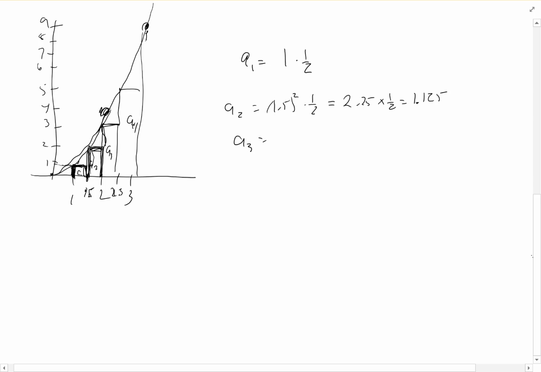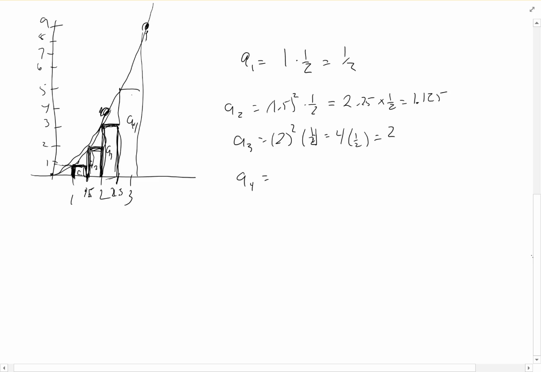Area 3 is our rectangle here. The height when x is equal to 2 would be 2 squared, and the width is 1/2. We're still a 1/2 unit between values there. So I'm looking at 4 times 1/2, and so that area would be 2. That first area was 1/2.